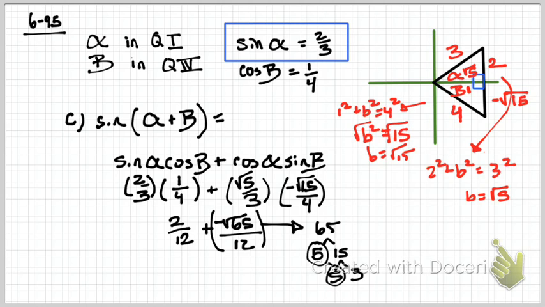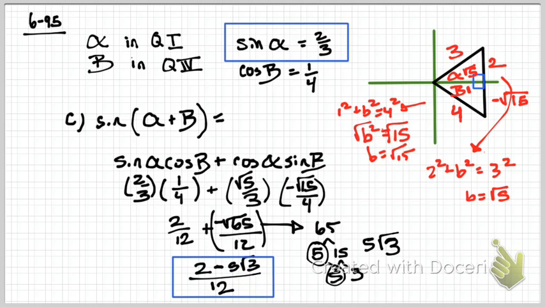Here's your pair, so this whole thing is equal to 5 rad 3. So we would get 2 over 12 minus 5 rad 3. Question D is the same thing, except you're using cosine of alpha plus beta instead, so a different identity, different trig functions.